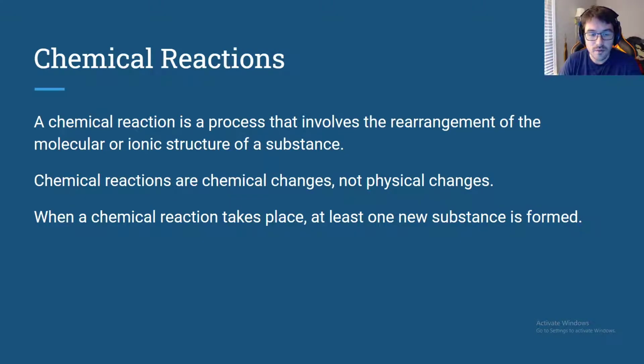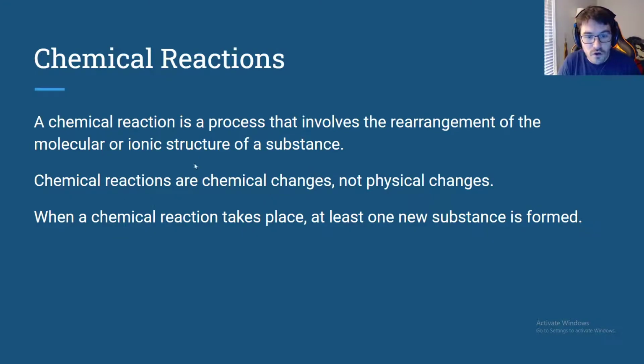If you're starting with a certain group of substances, maybe 2 or 3 different substances, and a chemical reaction takes place, then as the output of that chemical reaction, after the reaction takes place, you are going to have new substances. The atoms involved in the molecules or in the compounds are going to be moving around and creating new substances, different from what you started with, okay?